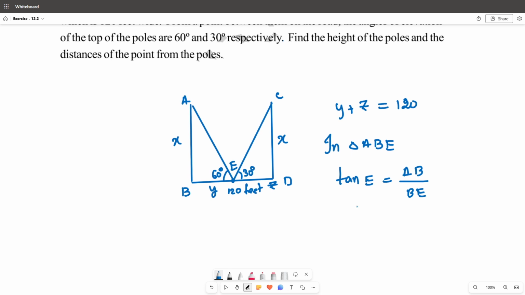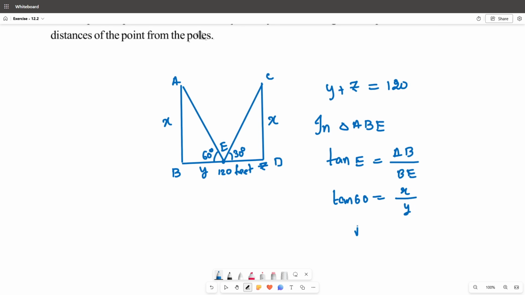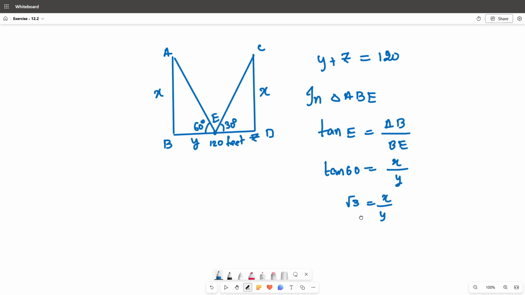Angle E is 60 degrees. So tan 60 is equal to AB, which is x, by BE, which is y. Next, tan 60 equals root 3, which is equal to x by y. So if I bring y to the left hand side, I would get x equal to root 3 y. And let's name the equations. Let this be the first equation and this be the second equation.